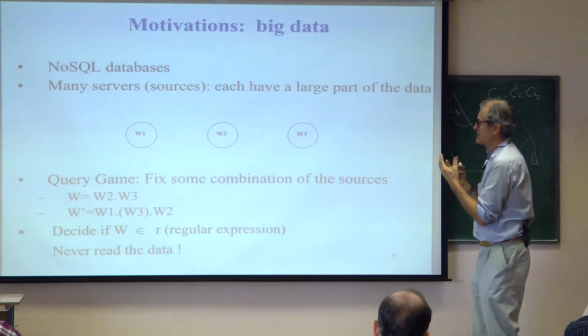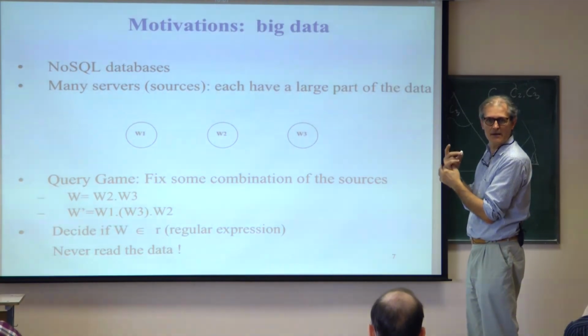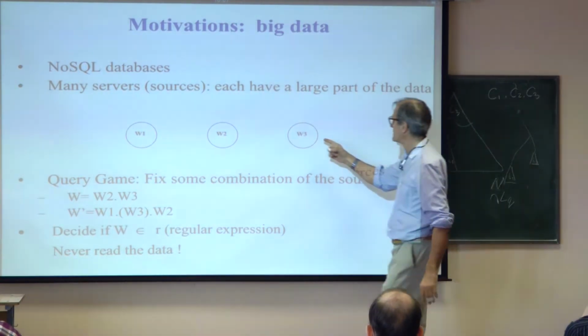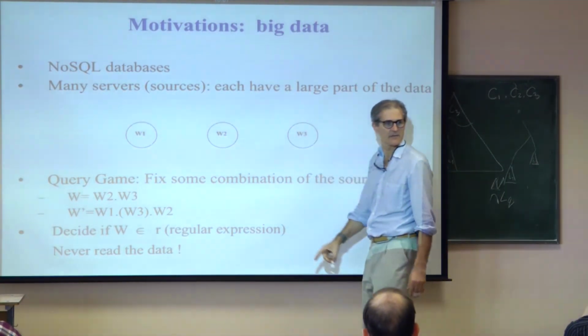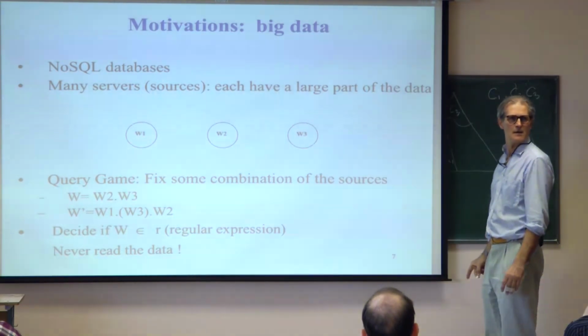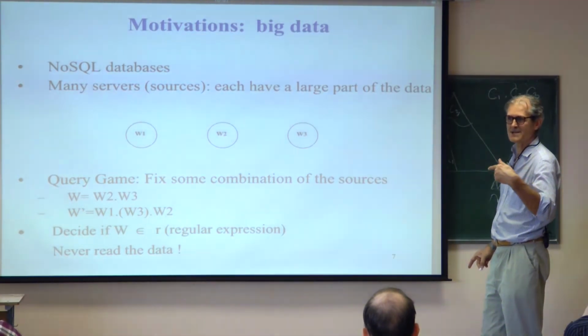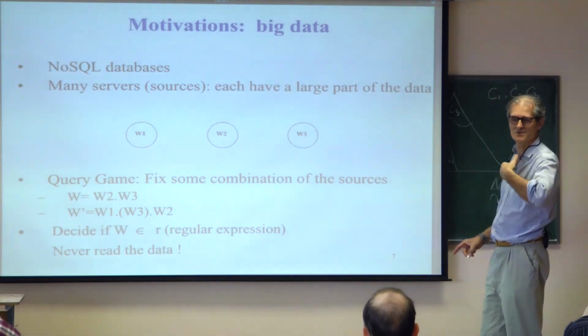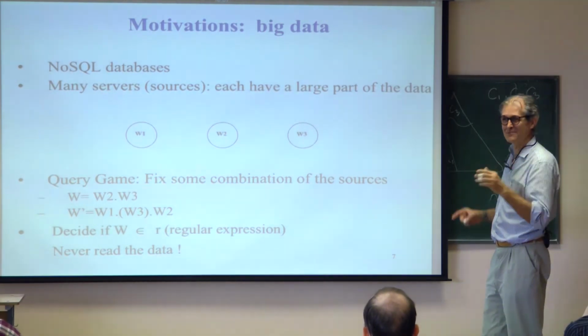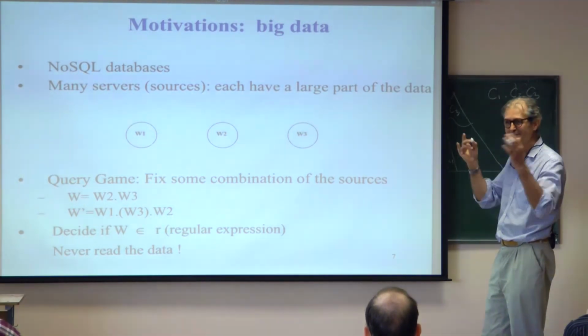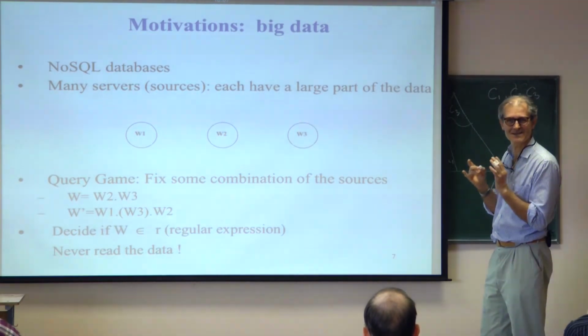And now the basic idea is that communication between servers is expensive. Local computation is cheap, eventually free, but communication is expensive. So you want to restrict the communication as much as you can.